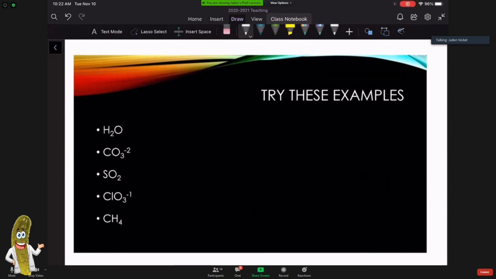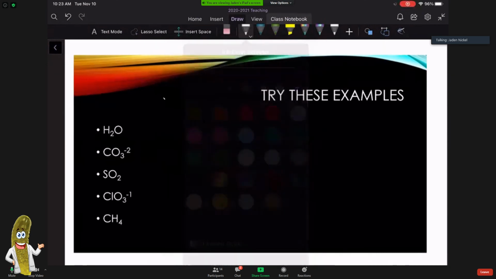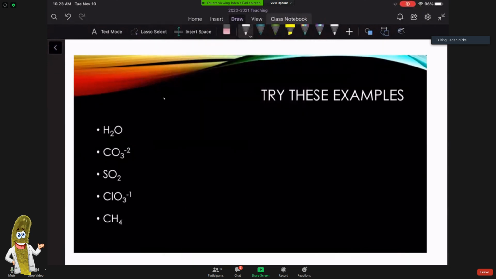Awesome. Next example is ClO3 with a -1 charge. For this particular one, this one's a weird one. Typically, we'd expect to find chlorine on the outside as a terminal atom instead of a central atom.